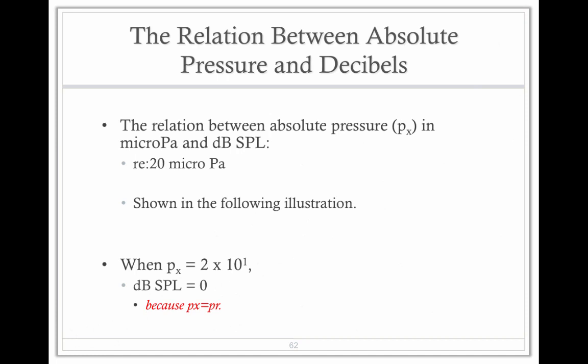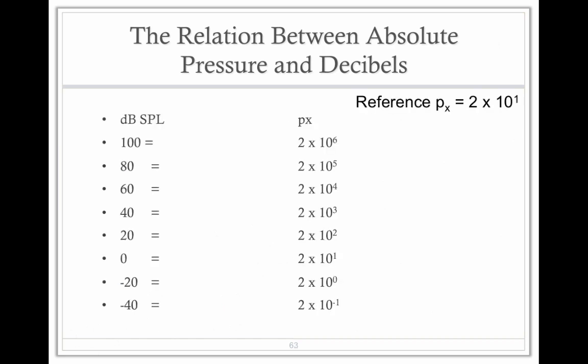So the relationship between absolute pressure in micropascals and dB SPL, remember 20 micropascals is now our reference. And here you go. Let's do some more formulas just like we did before. The relative value, dB SPL, is on the left.